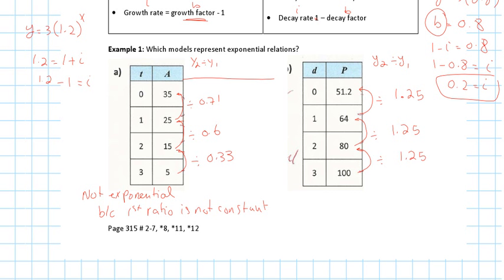Don't write this, but sometimes the ratio will be like 1.25, 1.235, 1.26, 1.24. So you see that this is close enough, especially if these numbers are collected. They're close enough for you to realize that it is actually exponential.